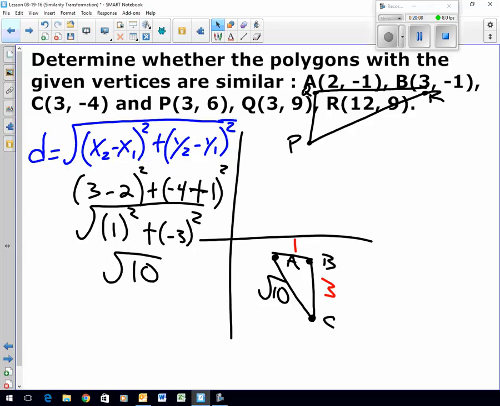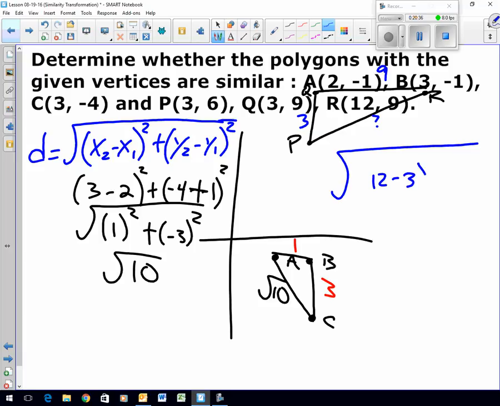Okay? So, Q to P, let's see here, that changes 3. Q to R, that change is 9. P to R, I don't know, I'm gonna have to use my distance formula. Do the same thing. Let's make this x2.